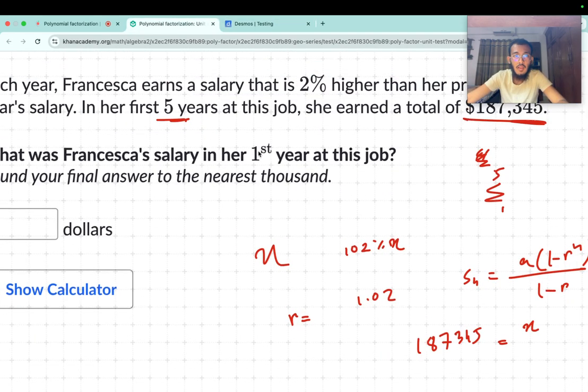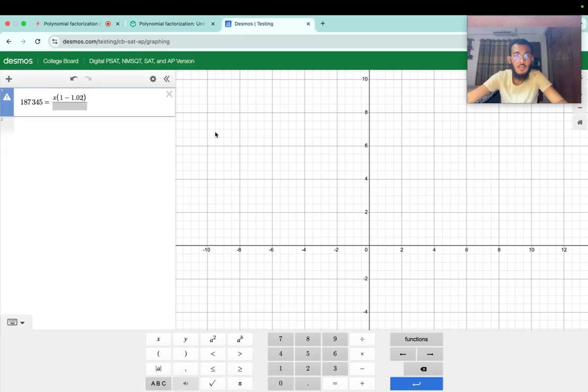The n is the number of years, which is 5, so that is raised to the power 5. Finally, we divide by 1 minus r.